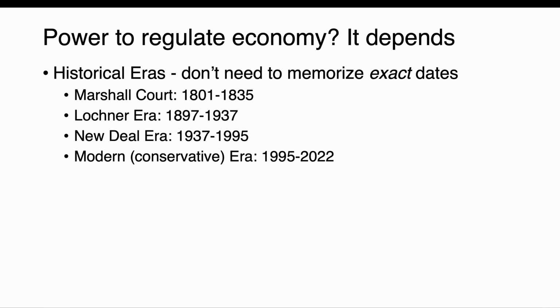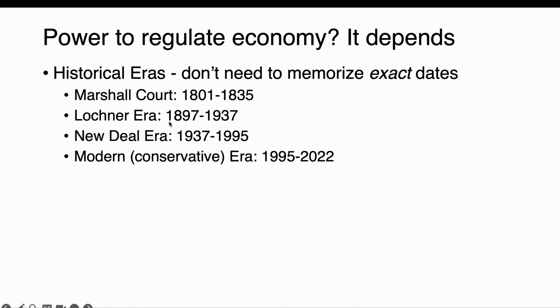Because during different eras, you had different justices with different ideologies and therefore different outlooks on how much power the government would have to regulate the economy. We've read a couple of cases from the Marshall Court where Chief Justice Marshall wanted to ensure that the federal government had the kind of flexibility to choose whatever strategies it wanted to regulate national economic issues.